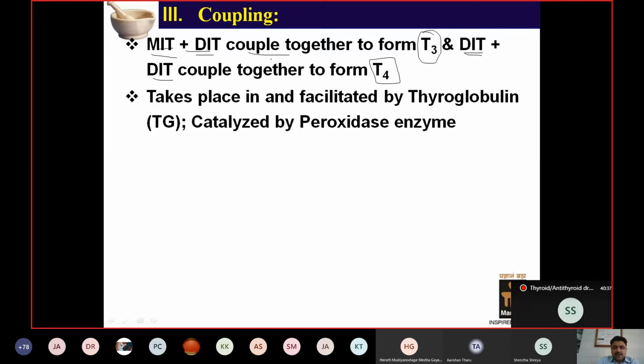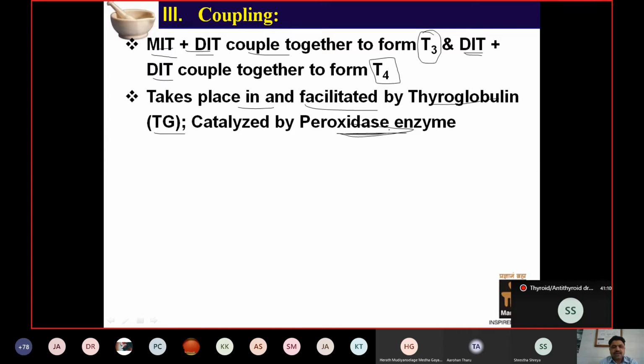All this coupling takes place in and is facilitated by thyroglobulin, and the same enzyme peroxidase facilitates this process. So if you inhibit the peroxidase, the oxidation, iodination, and coupling are affected.